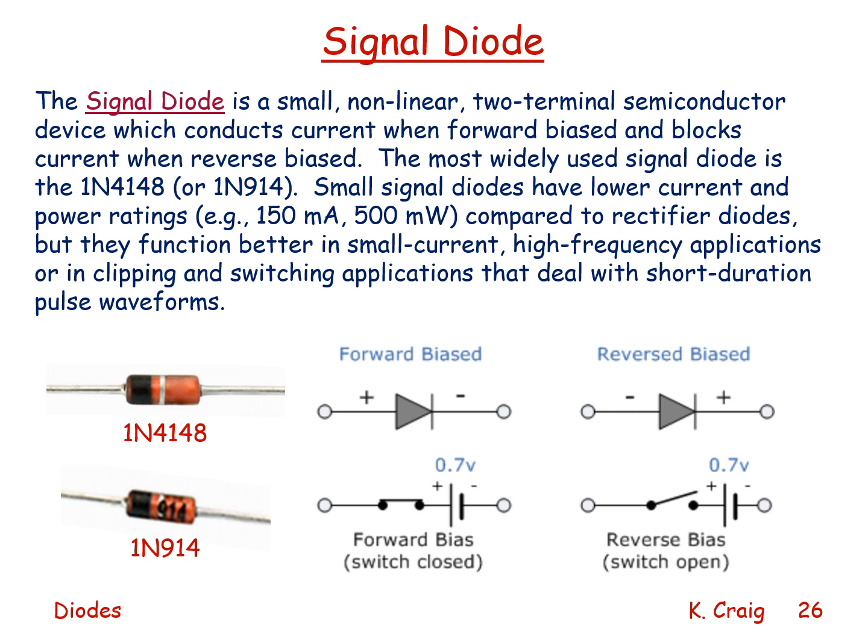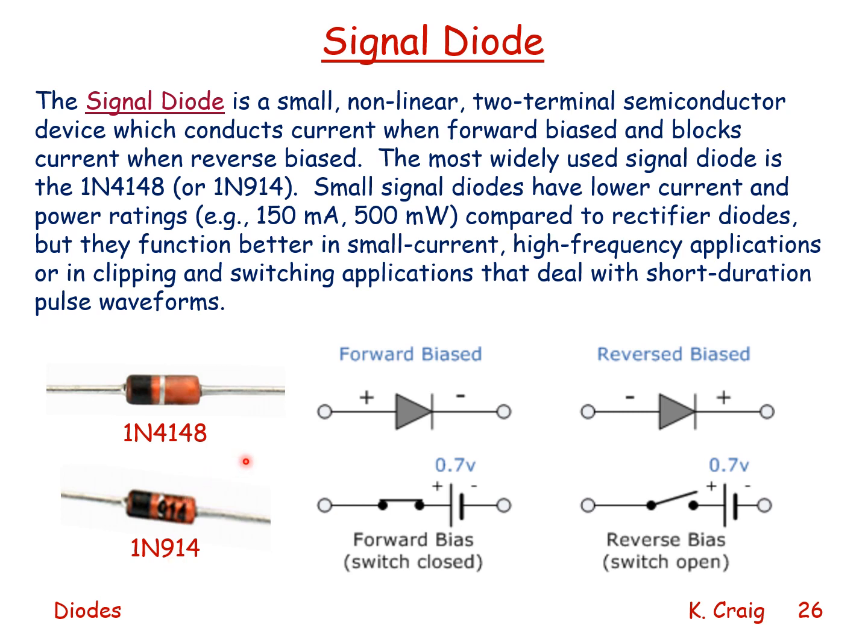What is a signal diode? The signal diode is a small, nonlinear, two-terminal semiconductor device which conducts current when forward biased and blocks current when reverse biased. The most widely used signal diode is the 1N4148 or 1N914.